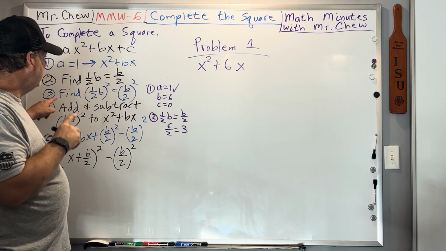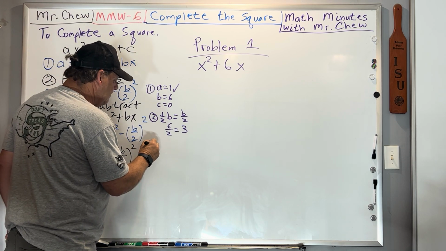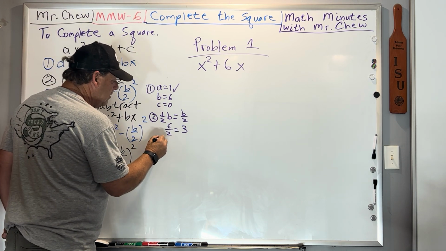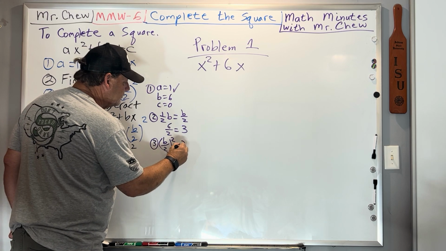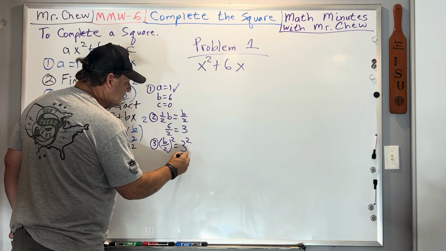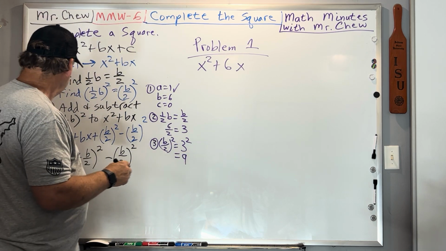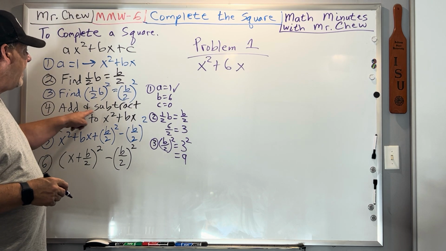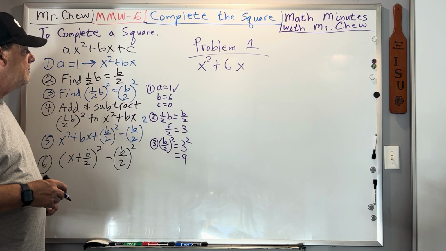Number 3, it says find 1/2 of b squared, or b over 2 squared, which equals 3 squared, which equals 9. All right? Step 4, add and subtract 1/2 b squared to the x squared plus bx.